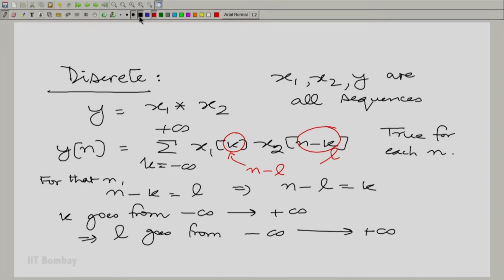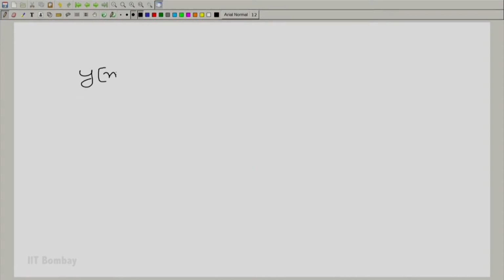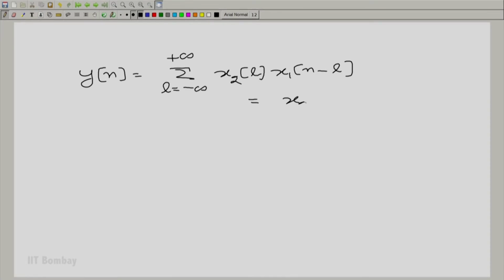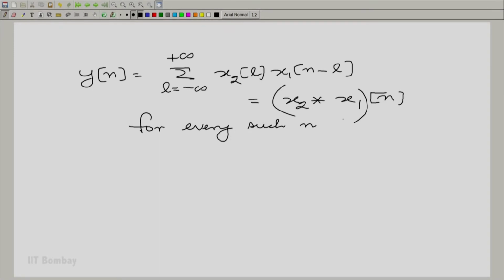It tells us that y[n] is also the summation over L going from minus to plus infinity of x2[L] x1[n minus L], which is essentially x2 convolved with x1 evaluated at n, and of course, this is true for every such n. So, naturally, the convolution operation is commutative.